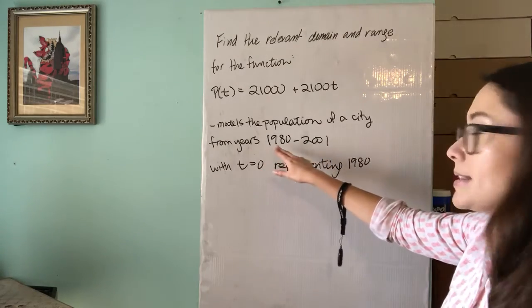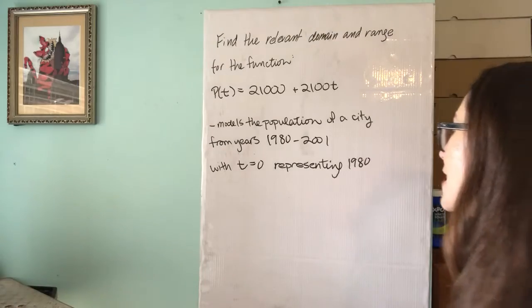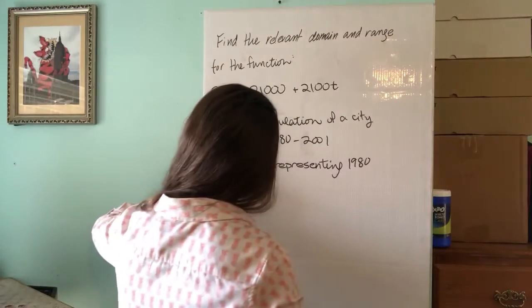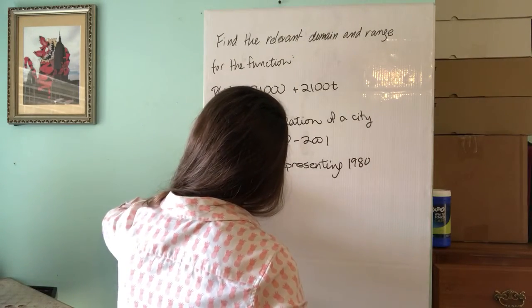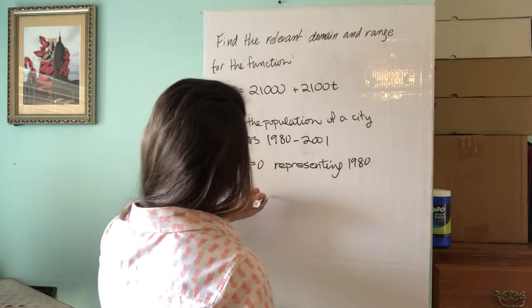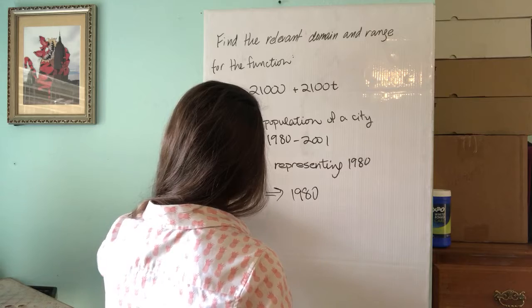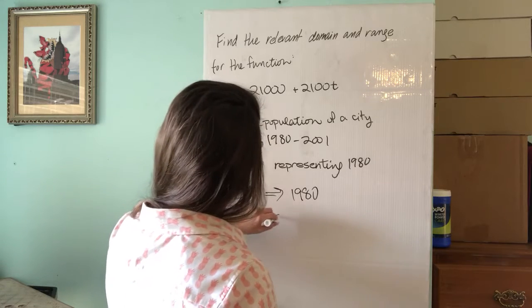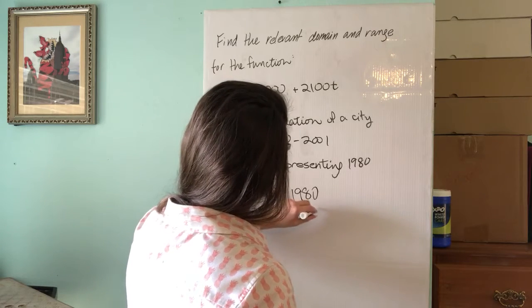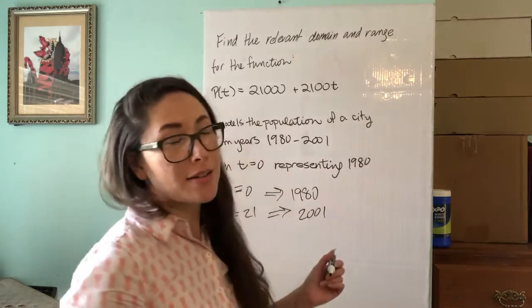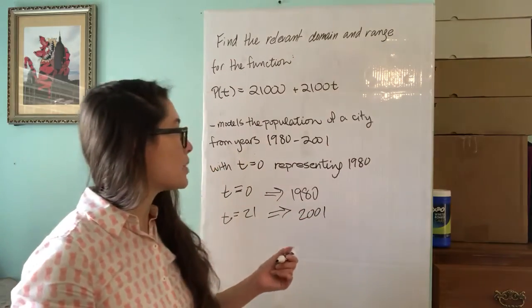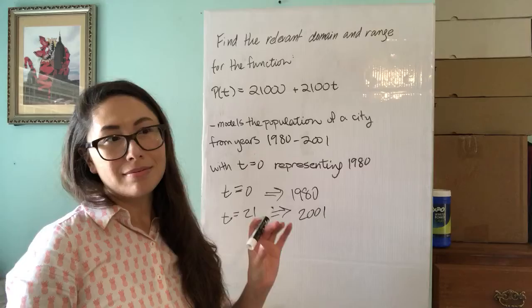T equals 0 represents 1980, and then t equals 21 would represent 2001, because if you subtract 1980 from 2001, you get 21 years, right?